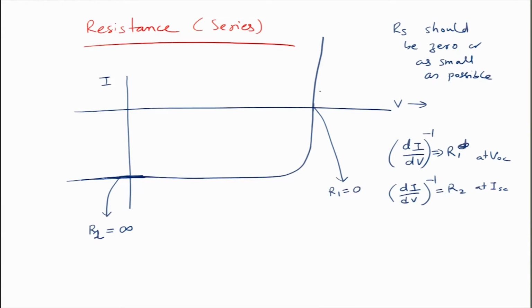So, the slope corresponding to this point depicts what we call the series resistance. The series resistance for an ideal device should be equal to 0. As the device performance changes, say if the series resistance alone changes, then the behavior is like this.